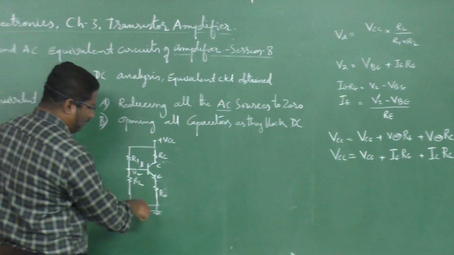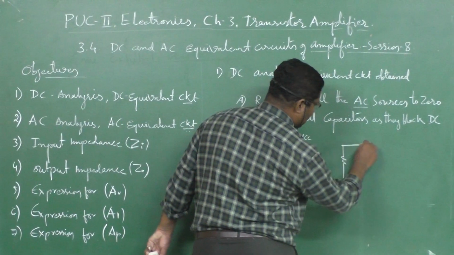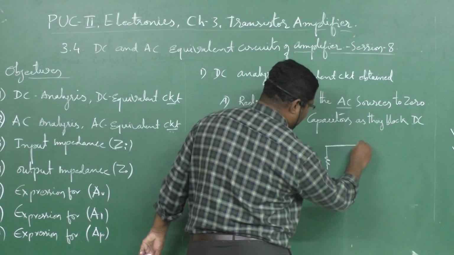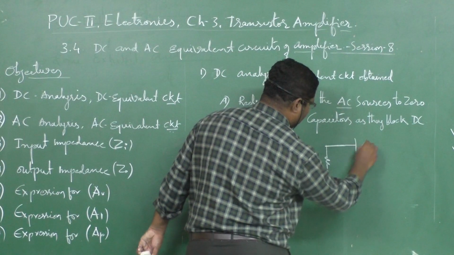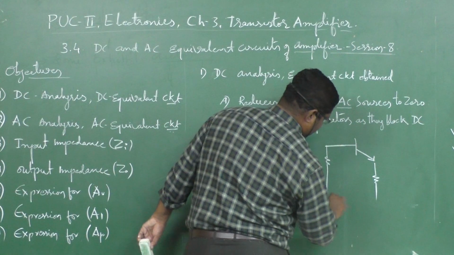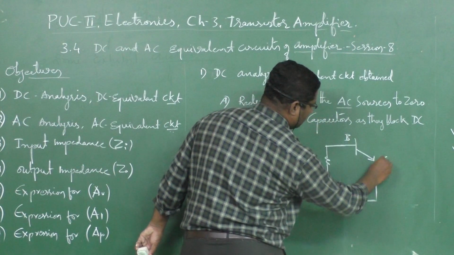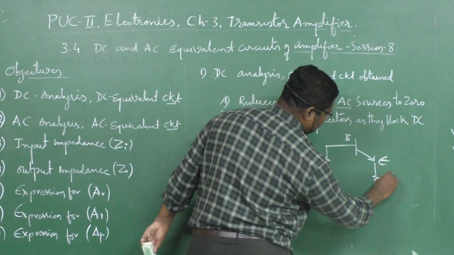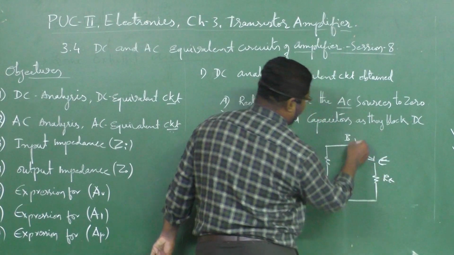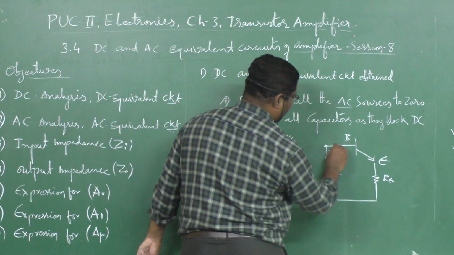So here we have the height. When you consider this input resistance or input stage, I have written it like this. This is base, this is emitter, and the resistance across the emitter is RE, and this is R2, and here we have V2.